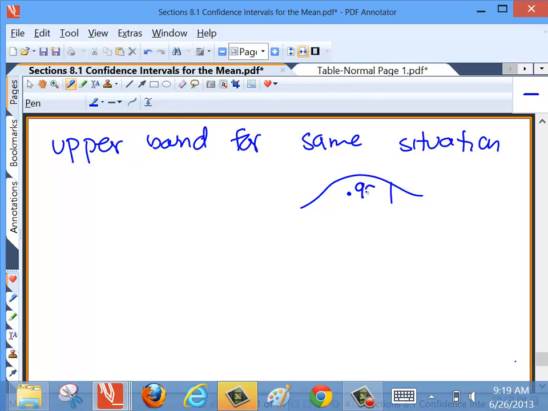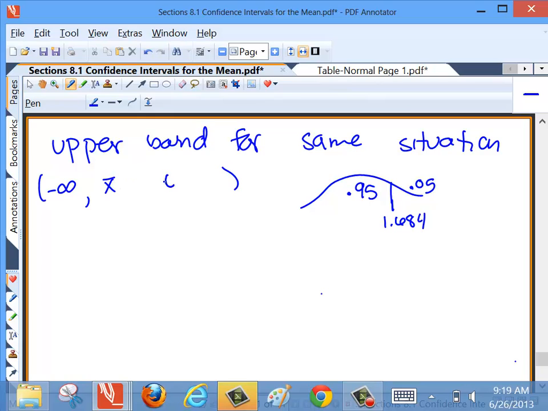So I want 0.95, 0.05, and I'm looking for my upper bound. So what is my critical point? The critical point was 1.684. Rather than worrying about positives or negatives, I just say if I want an upper bound, then I don't care about the bottom point, so that would be negative infinity.